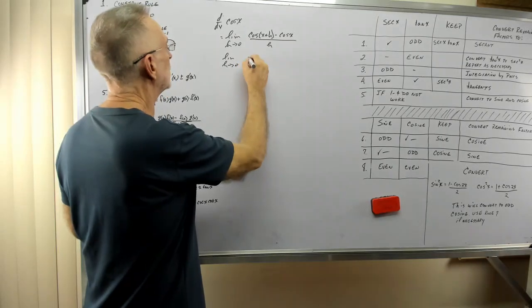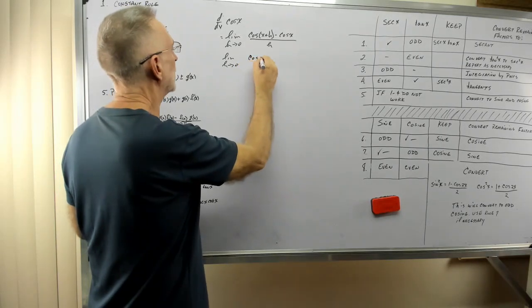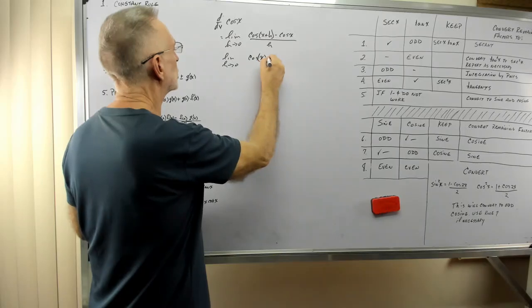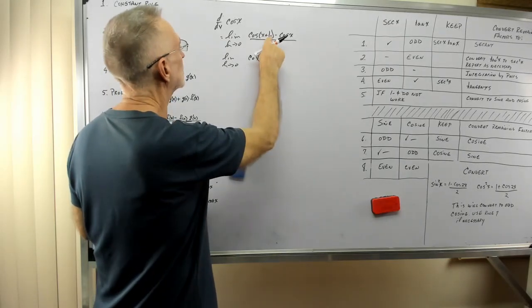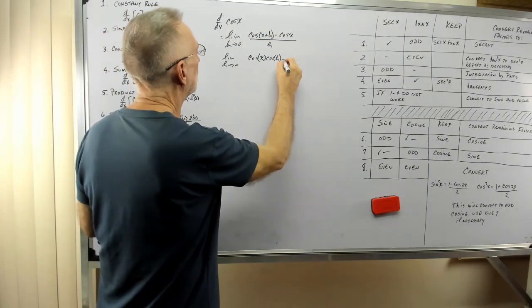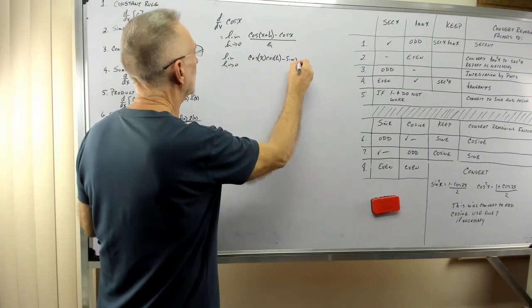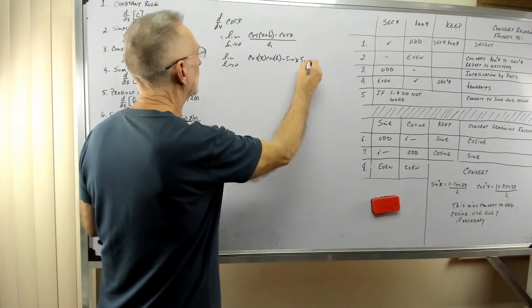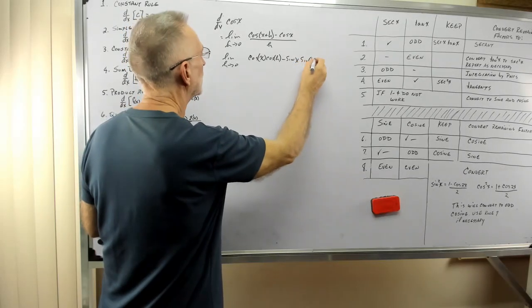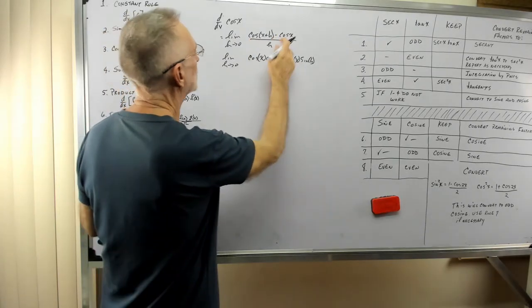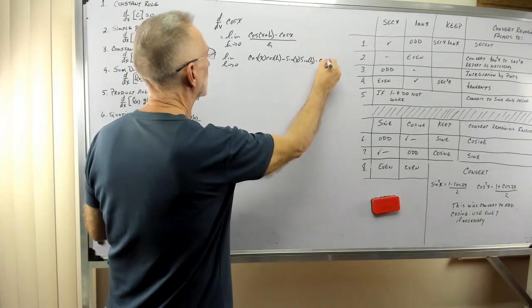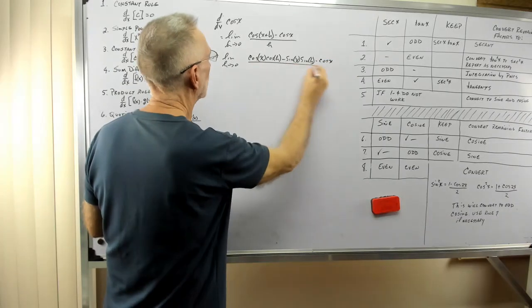Well, there's an identity that says that's cosine x times cosine h, minus sine x sine h. Now, that's not hyperbolic, that's just that angle.